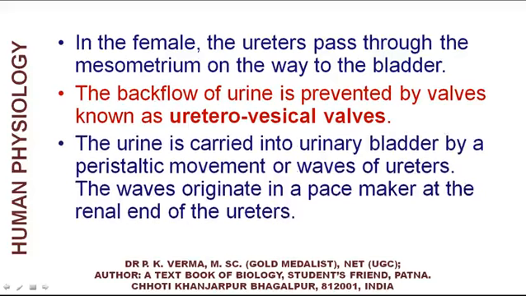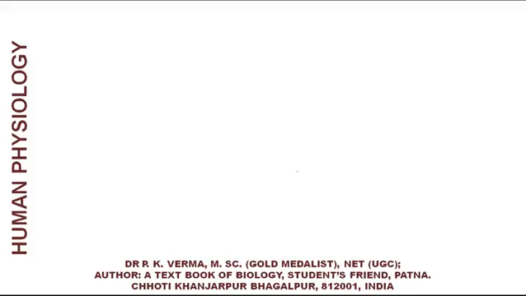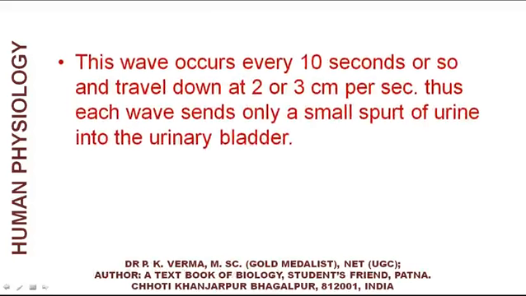The urine is carried into urinary bladder by a peristaltic movement or waves of ureters. These waves originate in a pacemaker at the renal end of ureters, that is near kidney.